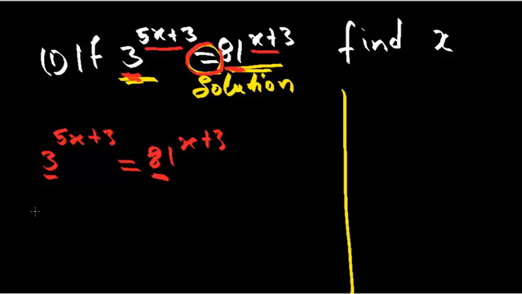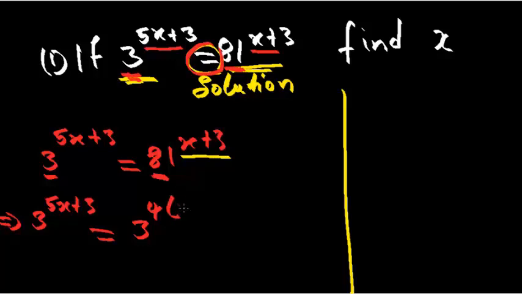So here we have 3 exponent 5x plus 3. Then using this 3 as a guide, we can express the 81 also in base 3 as 3 exponent 4, raised to the bracket x plus 3.